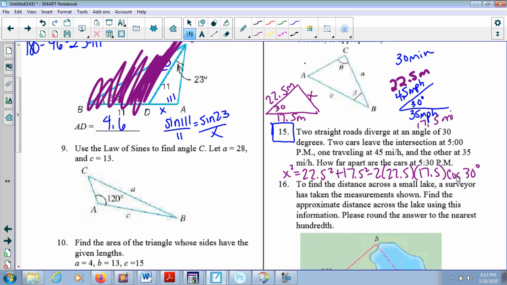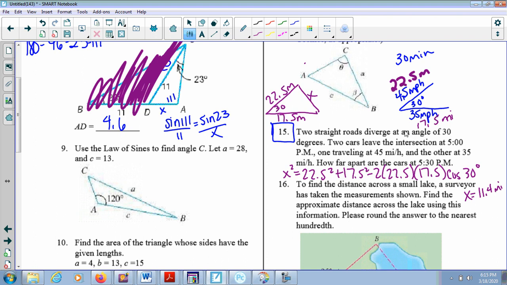Just type that in the calculator, and that gives you x squared. To figure out x, you take the square root of whatever you just got, and I think it ends up being that x is 11.4 miles.